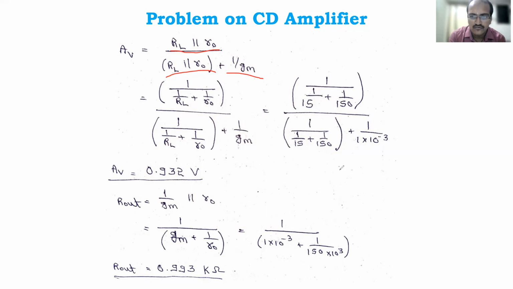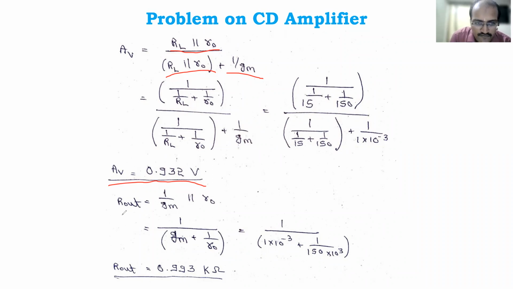Whichever is convenient, you will get the same answer. So AV equals 0.932 volt per volt. Earlier you got 0.9375, now you are getting 0.932.